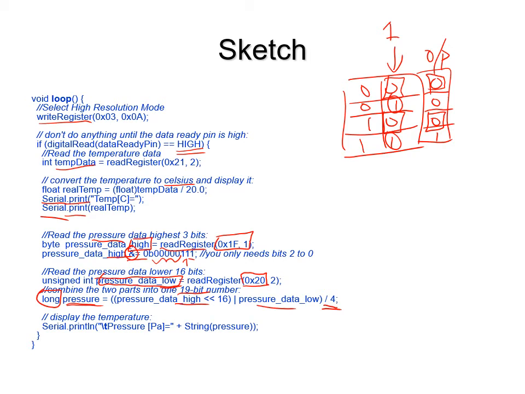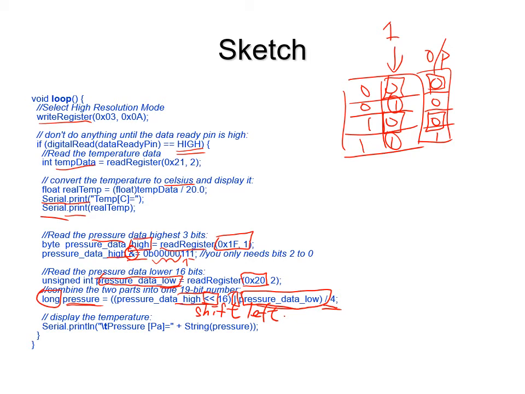Now, for the parser data high, this operation means a logical bit shift left operation, so that this will shift by 16 bits. And then OR it with the low data.